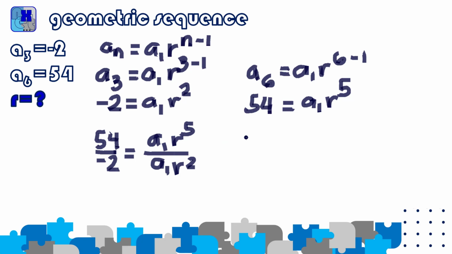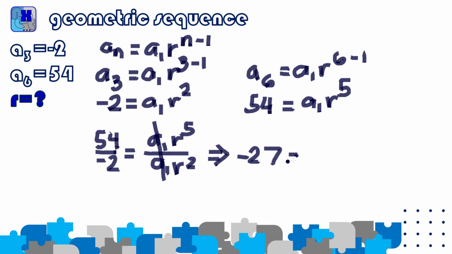This is actually using the division property of equality, where you are dividing equalities, so it will stay an equality. With this, we know that we can now cancel a sub 1 here. So when we divide 54 by -2, we'll have this new version of this equation.